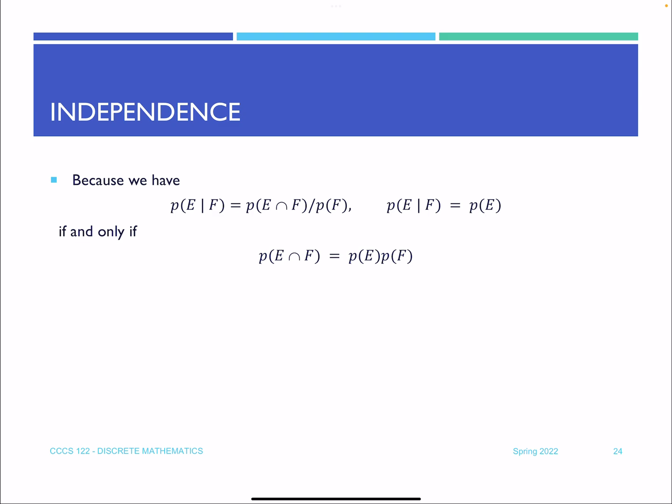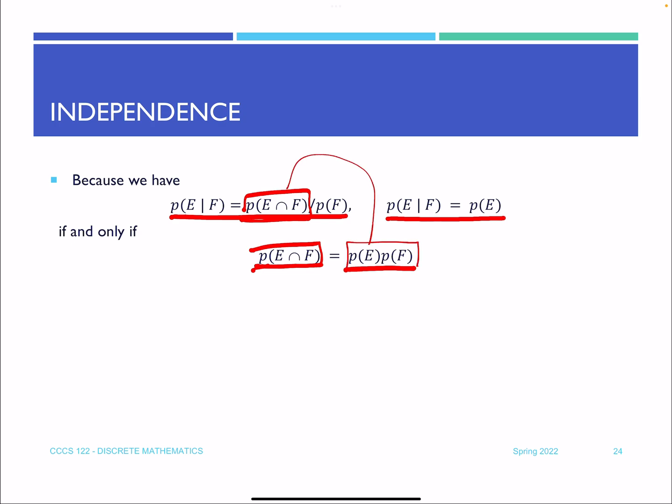So, because this is the definition of conditional probability, and for independent events E and F we know that these two probabilities are equal, this can only happen if the probability that we have in the numerator over here is equal to the probability of E times the probability of F. If you do that, you substitute it in here.